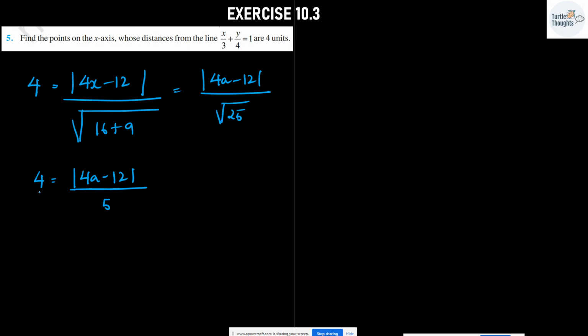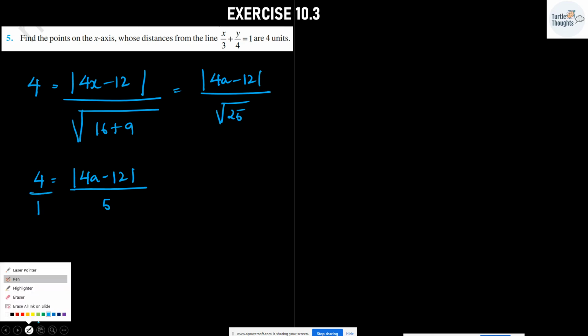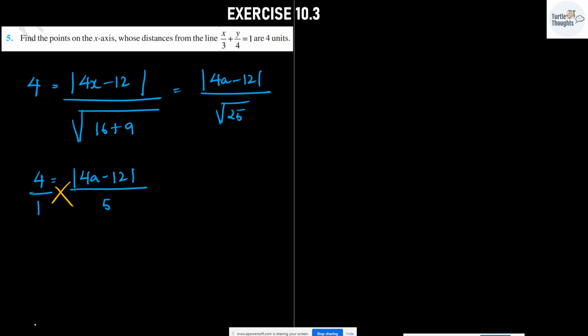Now I can cross multiply. 4 can be taken as 4 over 1. Upon cross multiplying, I will be getting 4x minus 12 under the modulus is going to be equal to 4 multiplied by 5, which is equal to 20. Breaking the modulus, I can write 4x minus 12 equal to plus or minus 20.